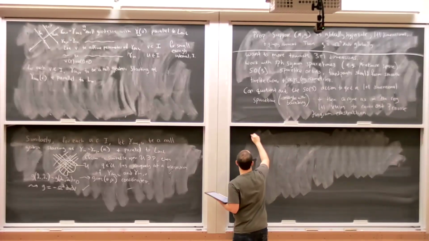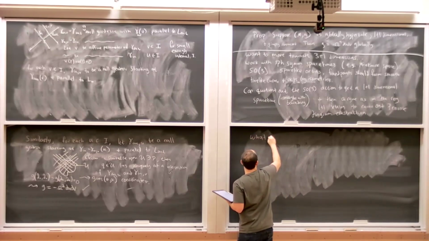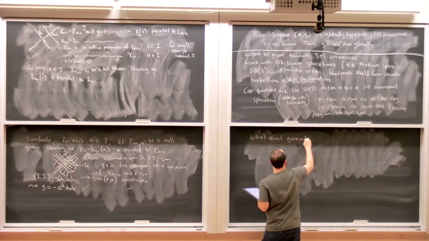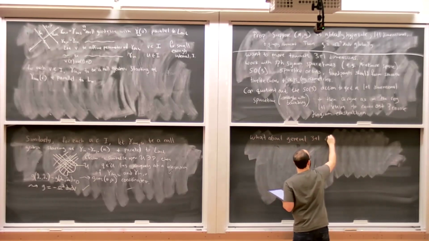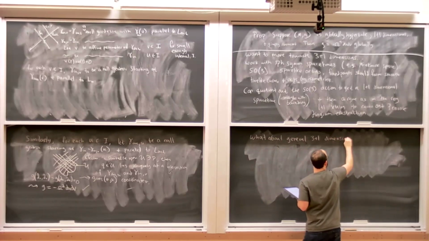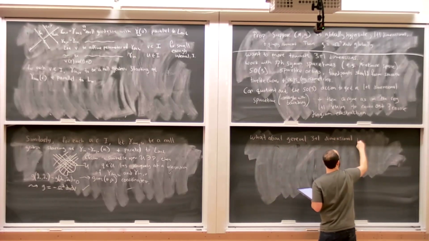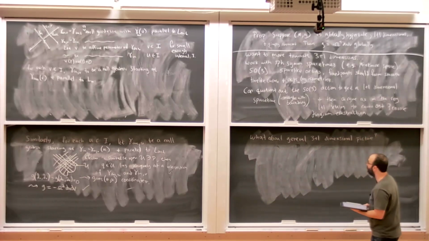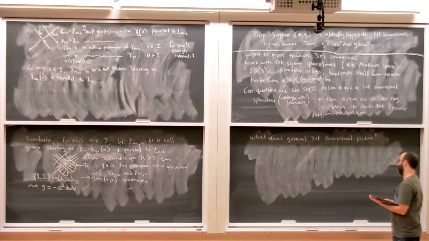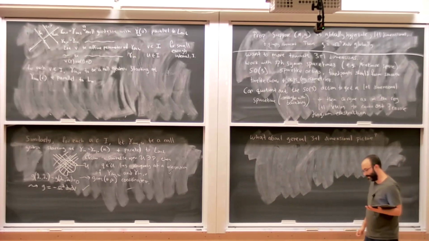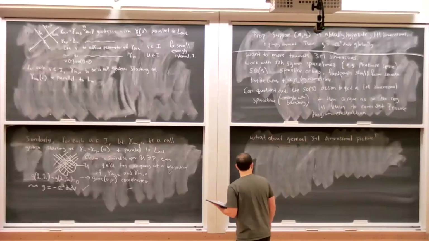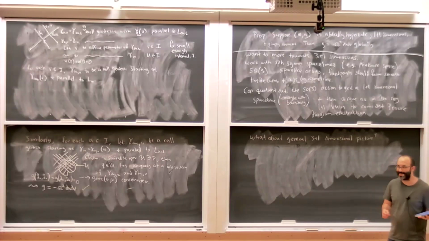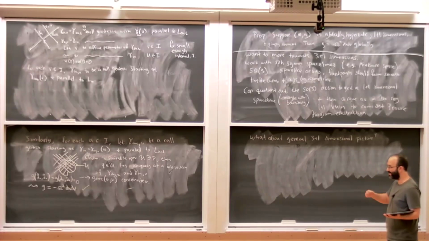All right, so what about the general 3 + 1 dimensional picture? Okay, so here in general, it's a bit complicated. I guess there are probably various ways to make sense of Penrose diagram-like constructions in this setting.